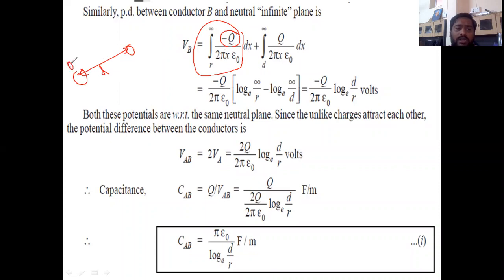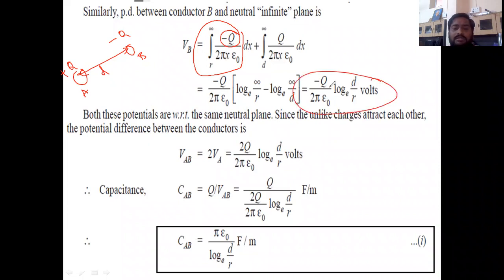The charge on A is plus q and the charge on the B conductor is minus q. So from d to infinity, q upon 2 pi x epsilon 0 dx, where minus q upon 2 pi epsilon 0 is common: log e infinity by r minus log e infinity by d. Then the final answer is minus q by 2 pi epsilon 0 log e d by r.